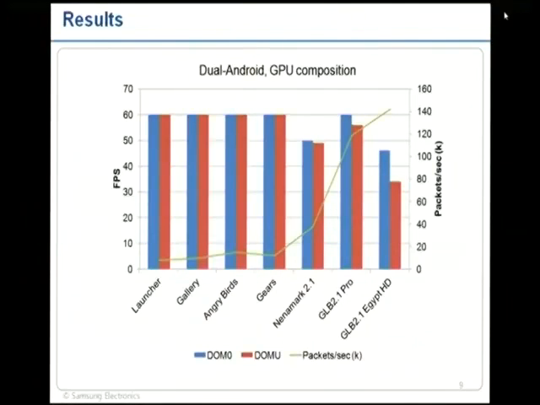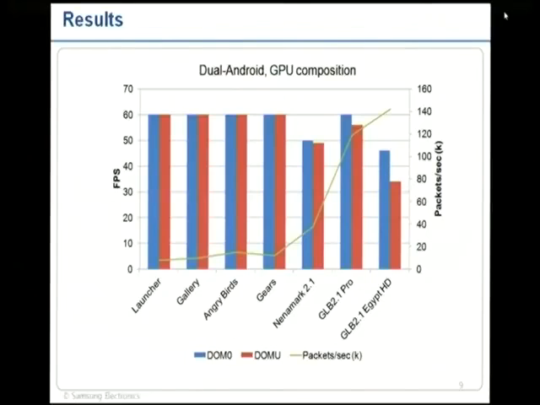So these are the results of all the apps that use the graphics GPU. If you see the DOM0 and DOM-U performance for real-world use cases like Launcher, Gallery, Angry Birds, Gears, the performance of DOM0 and DOM-U has been quite similar, almost 60 FPS.